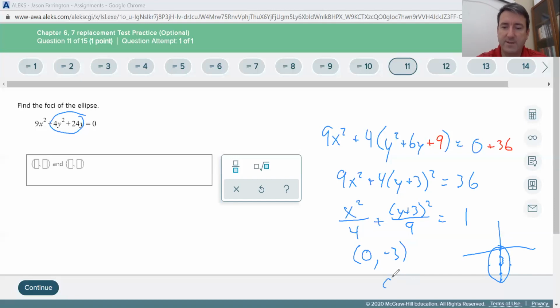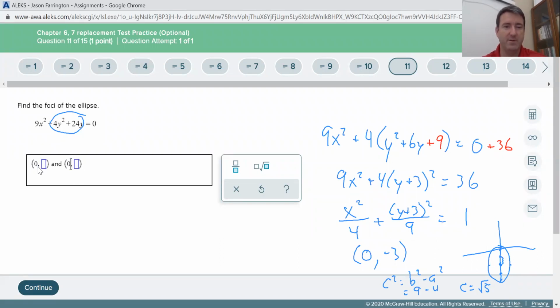So c squared is equal to b squared minus a squared. So c squared is equal to 9 minus 4. So c squared is 5. So c is equal to the square root of 5. So that's this distance there. And so our answer is going to be 0.